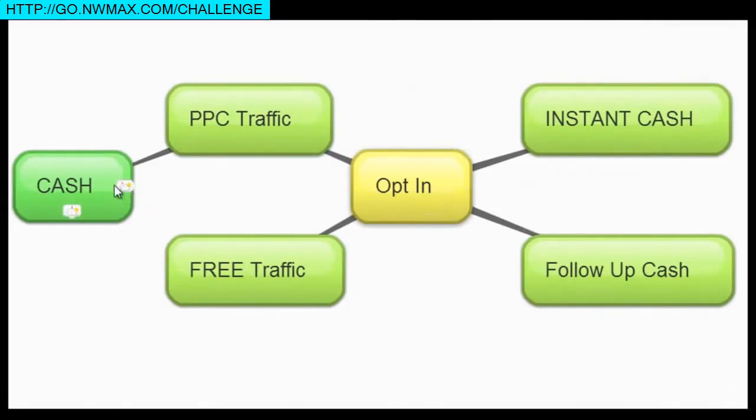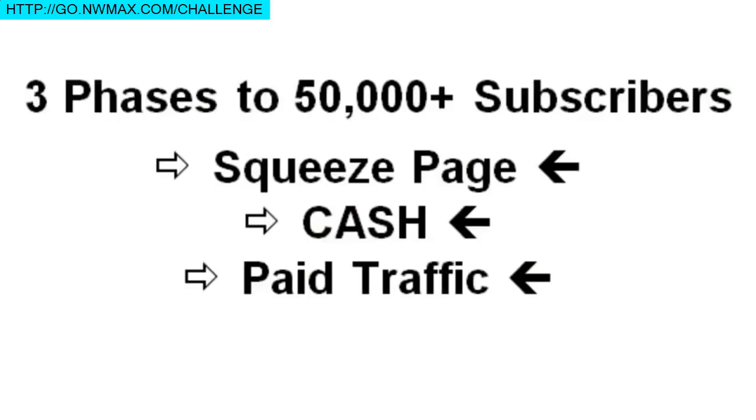So the whole system starts with either money or free traffic, and it ends with money. The real secret to accumulating over 50,000 subscribers in about 6 months is really about optimizing and mastering these 3 phases. So for the rest of the video, I'm going to go over each of these phases individually and in more detail so that you can build your own sales funnel.